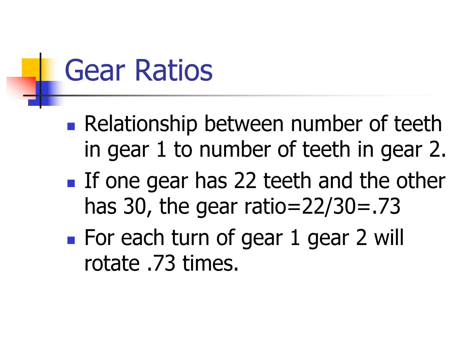If one gear has 22 teeth and the other has 30, the gear ratio is 0.73. And what that's telling me is that for each turn of gear 1, gear 2 is going to rotate 0.73 times. So in this case, I'm decreasing the speed, but I'm increasing the torque.